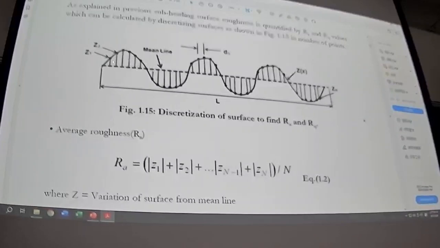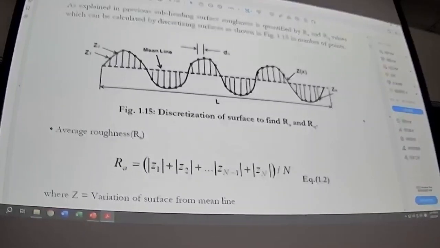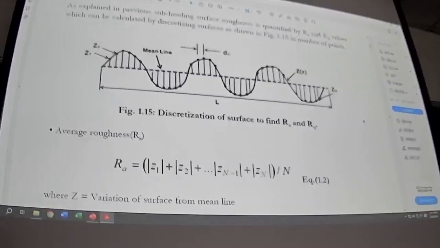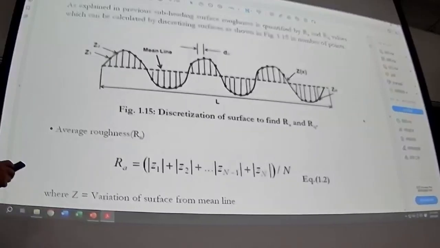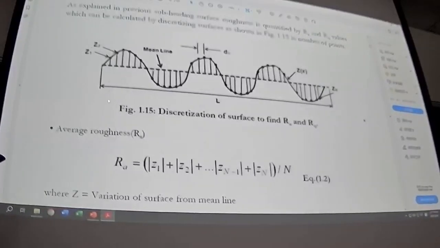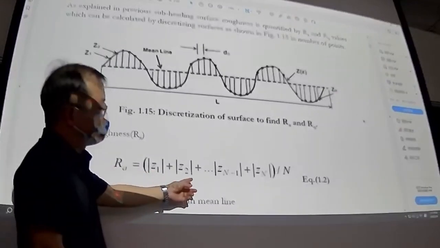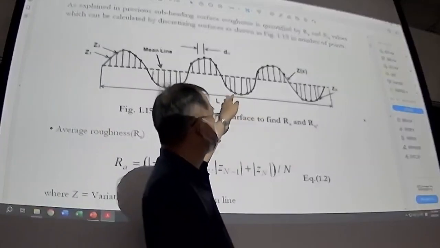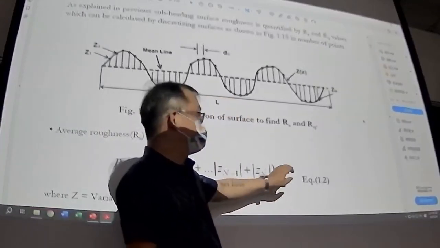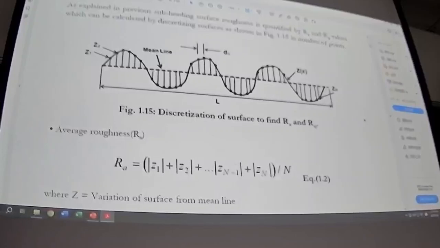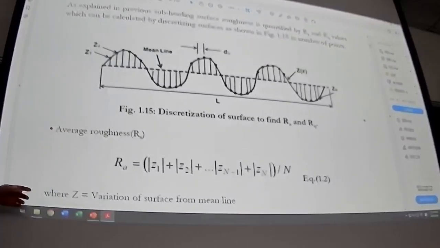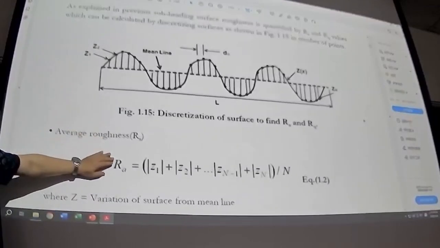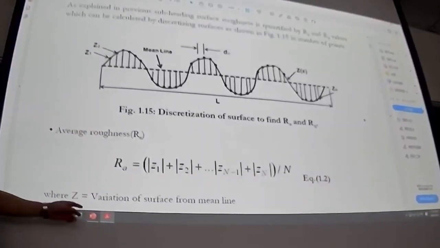We measure over a different time period or different distance. Then we measure the high points of the surface, and you have different numbers from Z1 to Z2. In total, over a distance of L, you have measured n times. For the average, you use this formula to get an absolute value average for your surface.